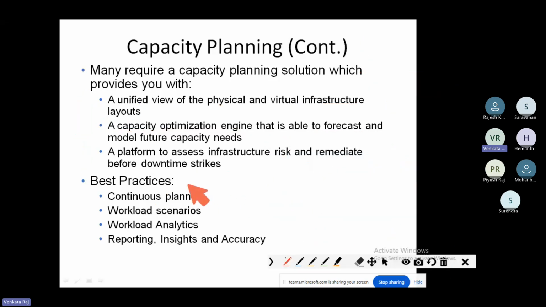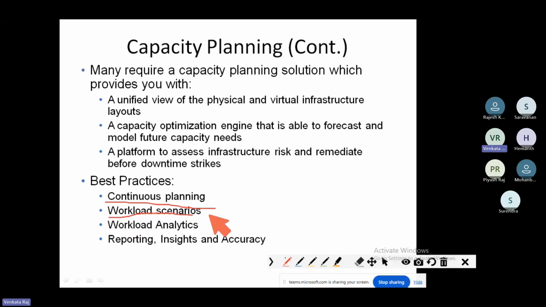What are the best practices, guys? You should not plan once and forget it for 1 year, 2 years, 3 years. You should always do continuous planning, guys. Workload scenarios: you should try to create workload scenarios and see whether your infrastructure is meeting them or not.